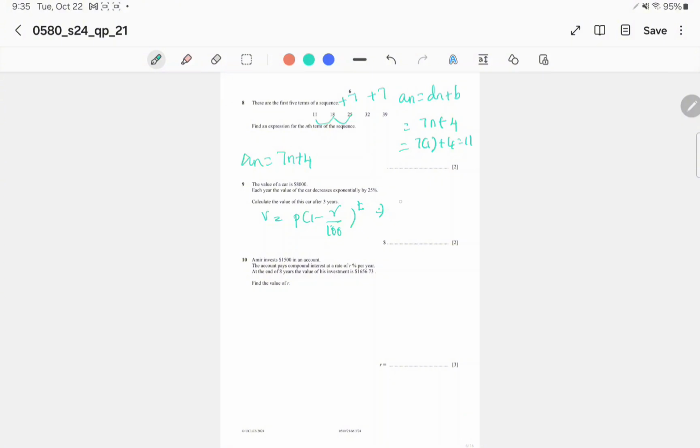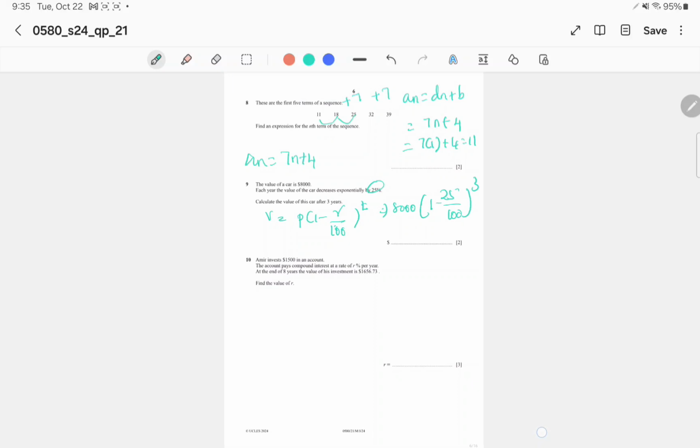P is the principal value, it is 8000. R is the percentage, here it's 25, divided by 100, whole power the time taken, 3 years. After calculating, it is coming around $3375 for 3 years. After 3 years the car value is $3375.